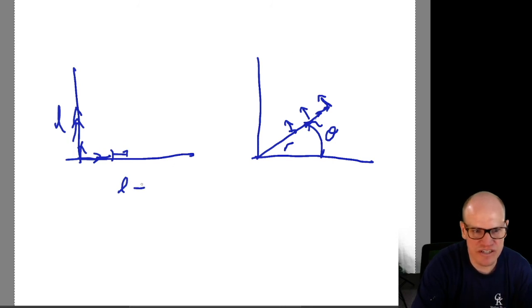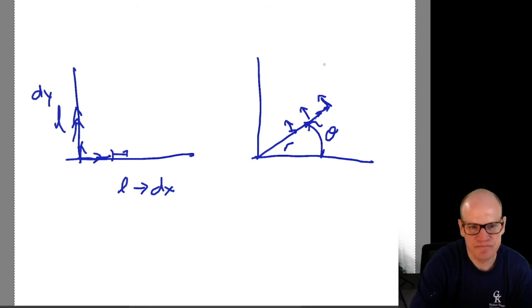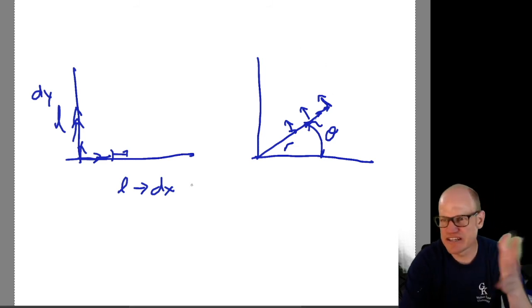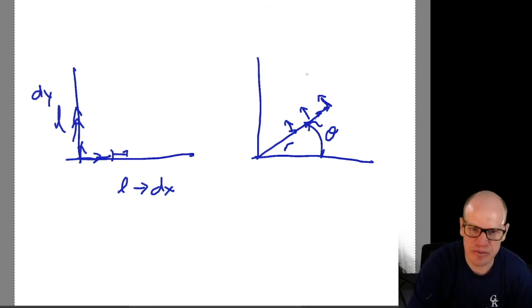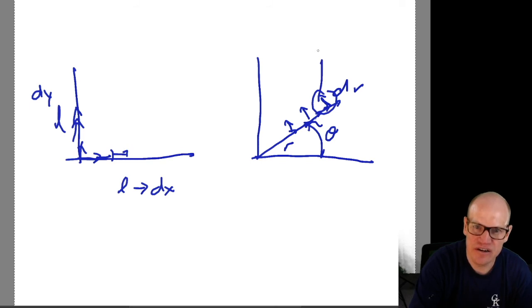So in this case, a little bit of length will be dx for those who love calculus, which is everybody. And in this case, it will be dy that corresponds to that direction. And that's just assuming that X and Y are the directions you care about. In this case, it will be dr that moves in that direction, and in this direction, that is going to be r times d theta.